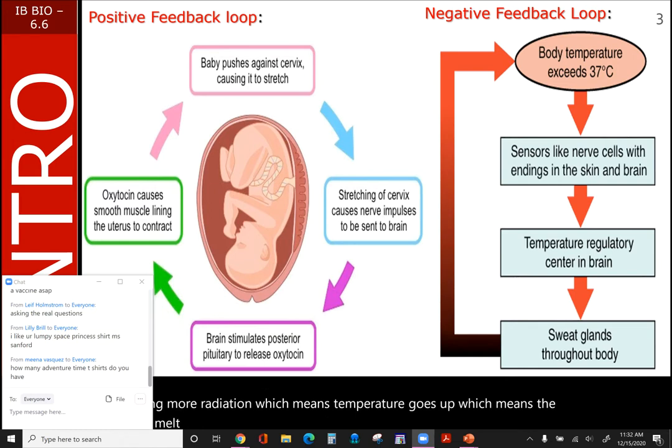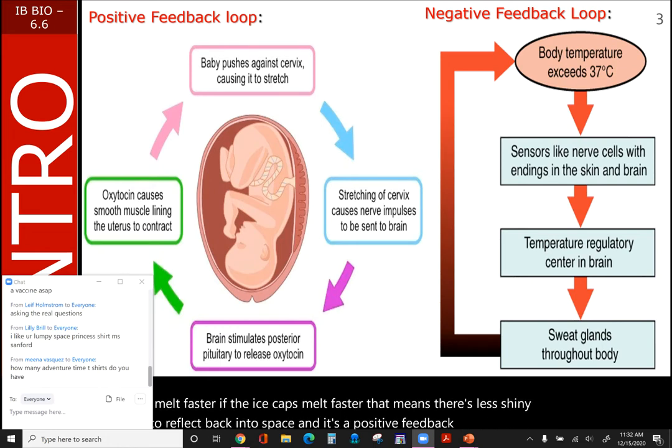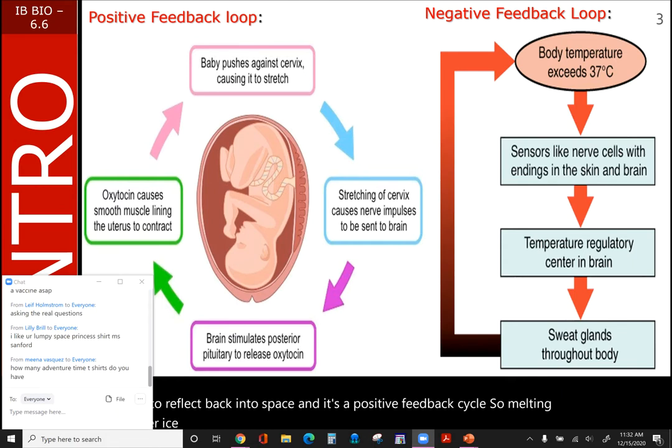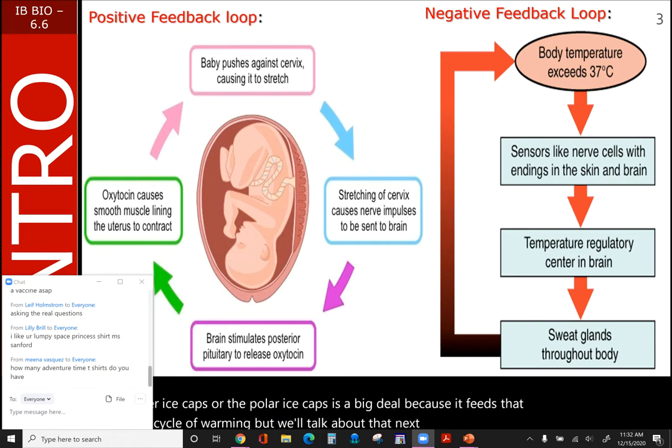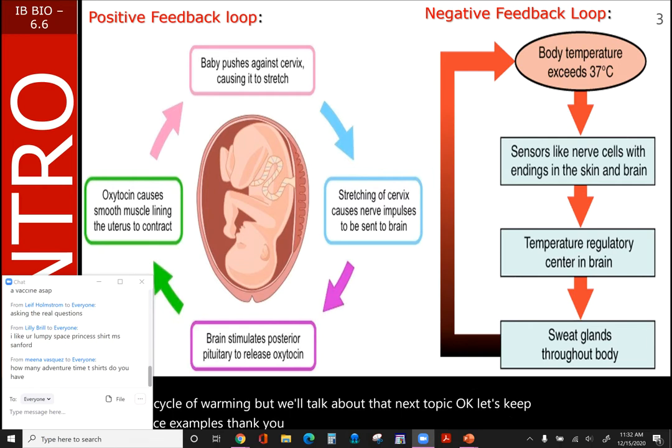If the ice caps melt faster, there's less shiny surface to reflect back into space, and it's a positive feedback cycle. So melting of the polar ice caps is a big deal because it feeds that positive cycle of warming. But we'll talk about that next topic. Okay, let's keep going. Nice examples. Thank you for participating in class discussions.